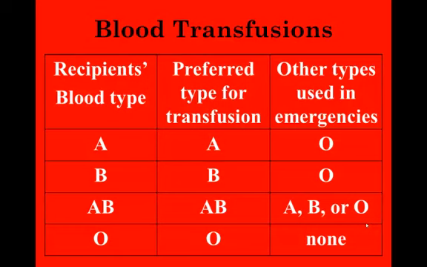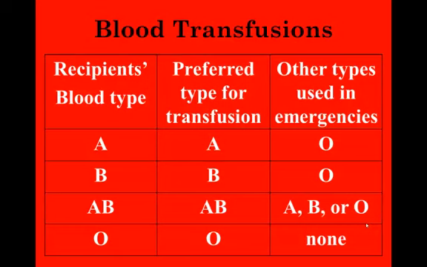There are a lot of people injured, and therefore a lot of blood needed, and maybe they run out of A. Well, the neat thing is, because O doesn't have any antigens, O can be given to any type of blood. So A can receive A and A can receive O.